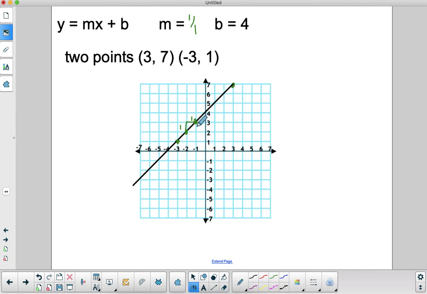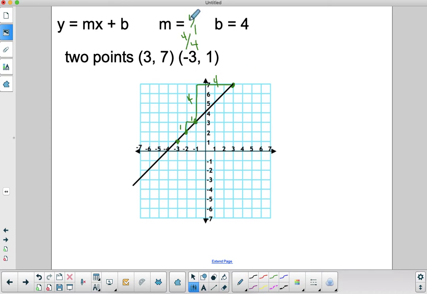If we use different points, for instance, if I go 1, 2, 3, 4 up, 1, 2, 3, 4 over, we get 4 for the rise and 4 for the run, which, if we simplify, is the exact same thing as 1 over 1. And we want to use that simplified form, which is why I recommend using close points.